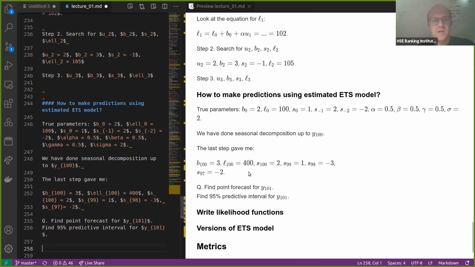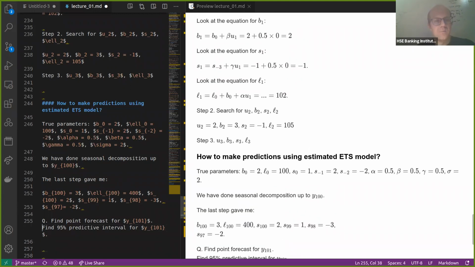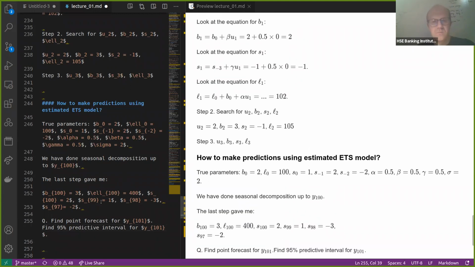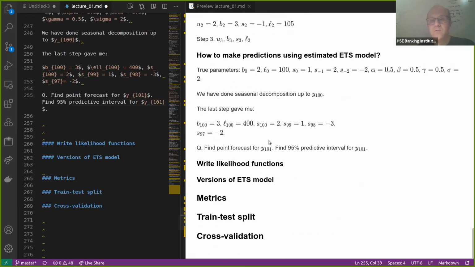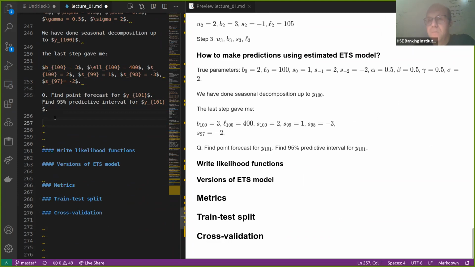So we will find a point forecast and an interval forecast for our y. Any questions up to now?